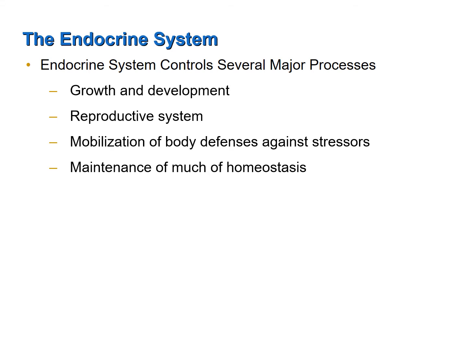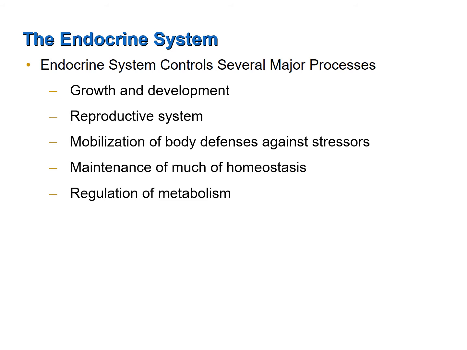Much of homeostasis is maintained by the endocrine system. When we think about body temperature and blood pressure and blood sugar levels, blood calcium levels, all of which are extremely important in terms of maintaining homeostasis, the endocrine system plays vital, major roles. And lastly, the endocrine system is the main regulator of metabolism.